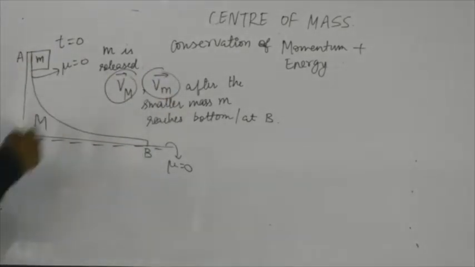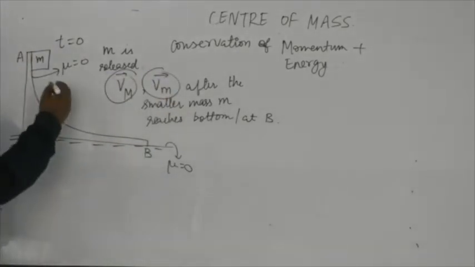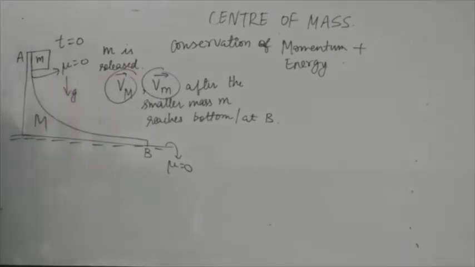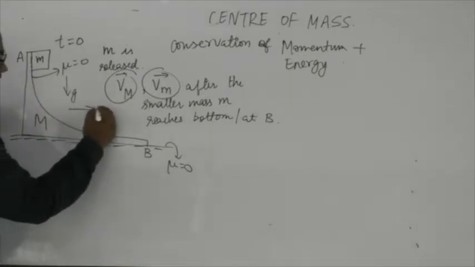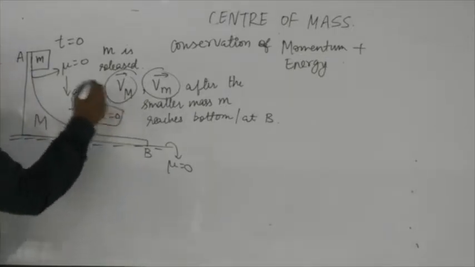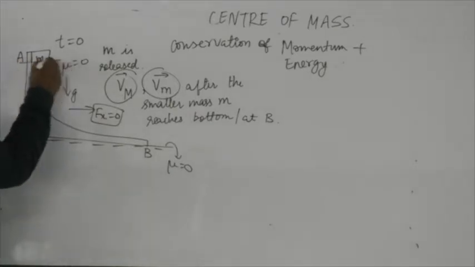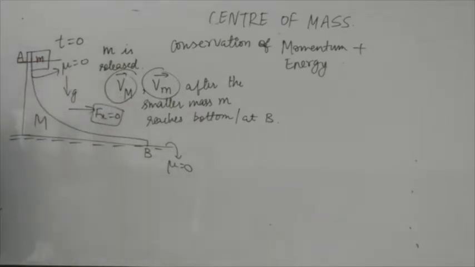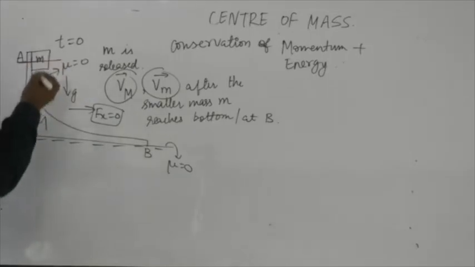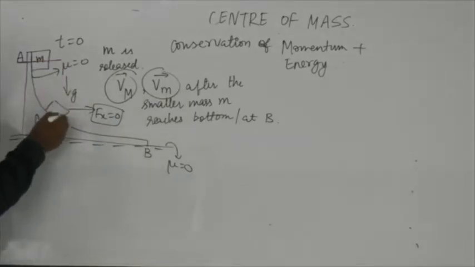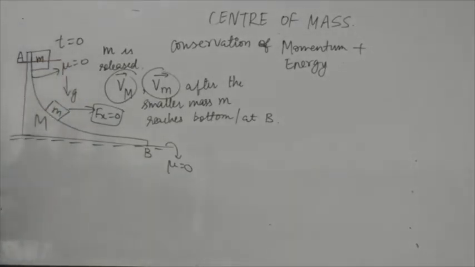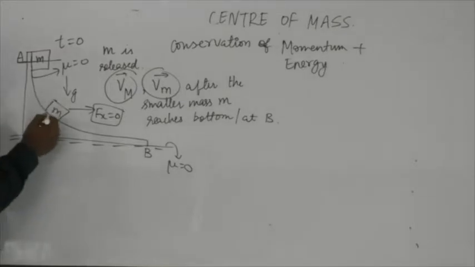When this goes down, there is acceleration downward g, so there is a force downwards. In x direction there is no force. So initially there was no acceleration along x direction, finally also there will be no acceleration, but there will be a normal. At a certain point, when this mass m is here, there will be a normal.